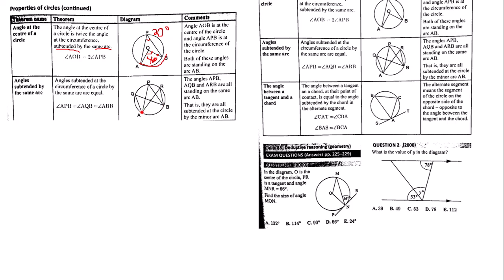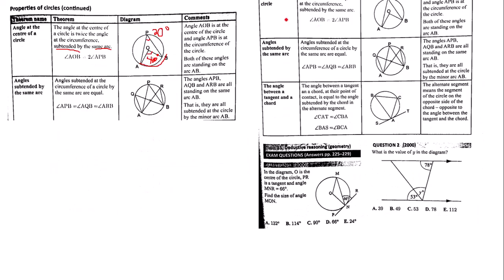One line comes from point A, the other line comes from point B. For angle P, one line comes from point A, the other from point B. Same as angle R. So all these 3 angles are on the circumference, not inside the circle or outside the circle. How are they related? They are all equal.